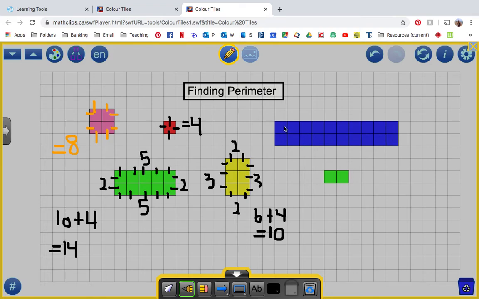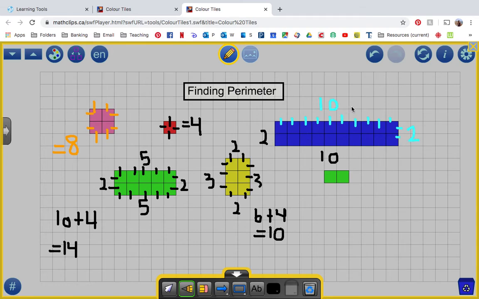All right, the last 2 shapes. So this blue, we're going to annotate. And I'm going to use a bright color here so we can see it. We're going to go 1, 2, 3, 4, 5, 6, 7, 8, 9, 10. That's our length, and our width is 1, 2. So we're going to write that down, 2 and 10. I'm going to switch black to black because that's hard to see. And again, we know our rule is that 10 and 2 are parallel to the other lines in the rectangle, so we know that they have to be the same number as their friend across the way.